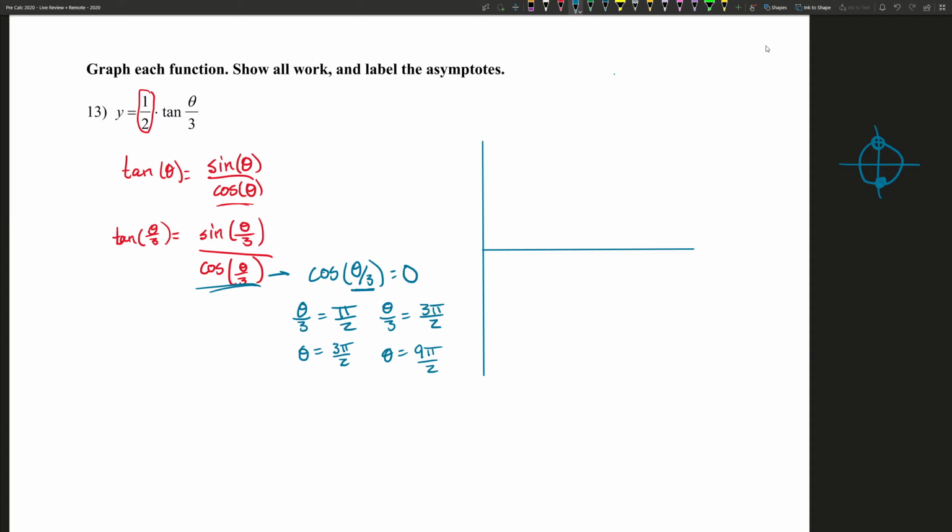Right, so we can graph that. It's easiest to think about this as the center, right? So our first asymptote will be right about here, right? So this is theta is equal to 3 pi over 2. Yep, that's it. And then there's going to be one over here where theta is equal to 9 pi over 2.